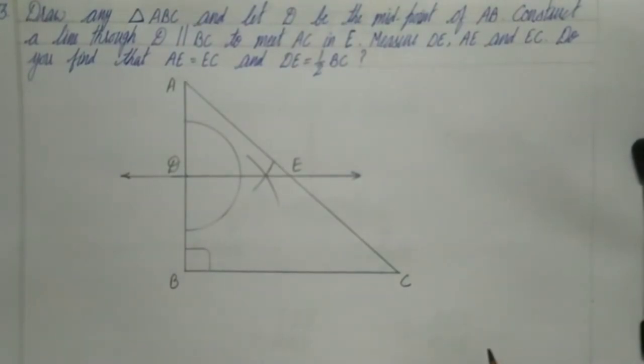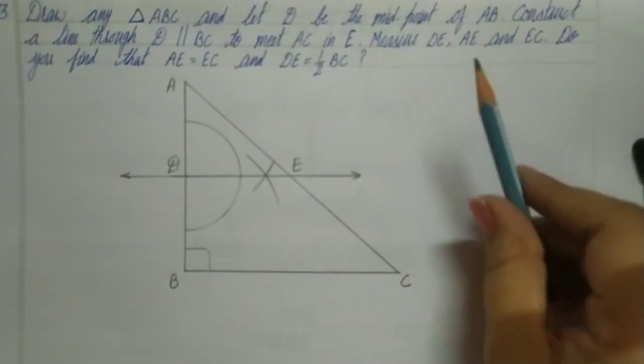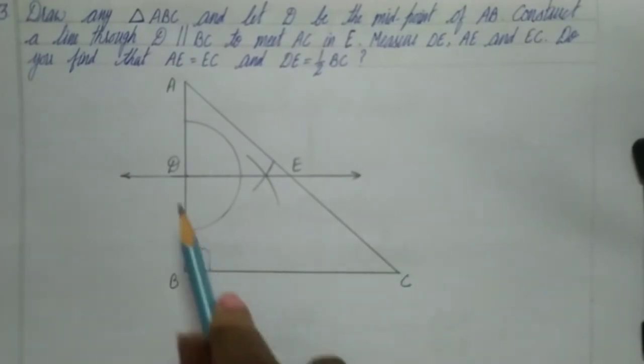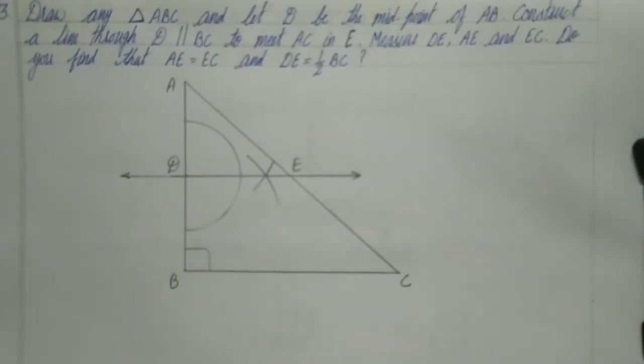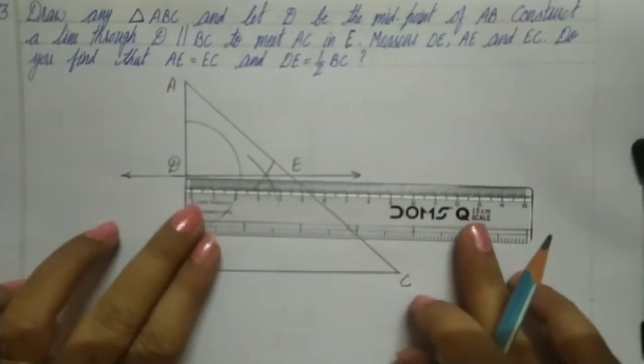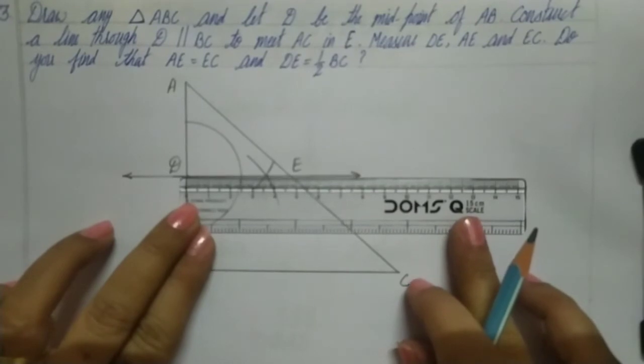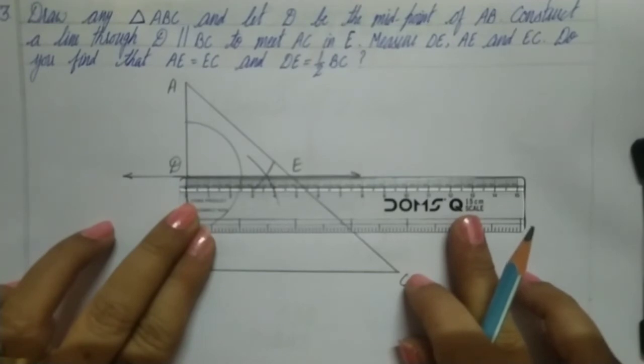Now the second part of the question is to measure DE, AE and EC. Now we have to measure these three. So what is the length of DE? This is 4.8, right?